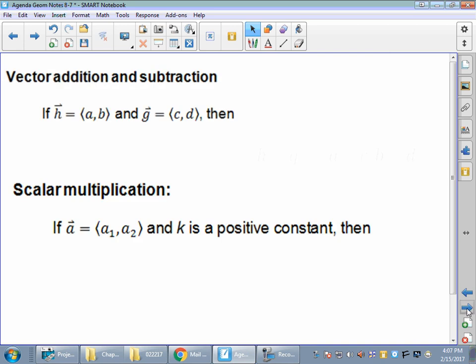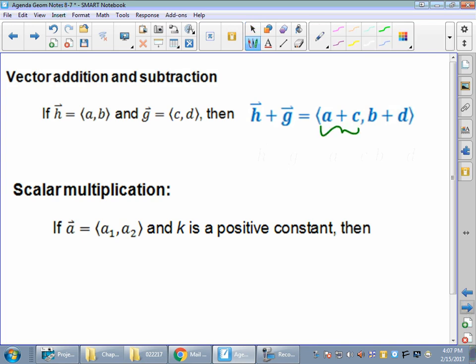Vector addition and subtraction, that's not too tough. It's a lot like distributive property and things like that. So it says if vector H is equal to AB and vector G is equal to CD, then vector H plus vector G, you take your x coordinates and add them together. You take your y coordinates and add those together, because we're adding.